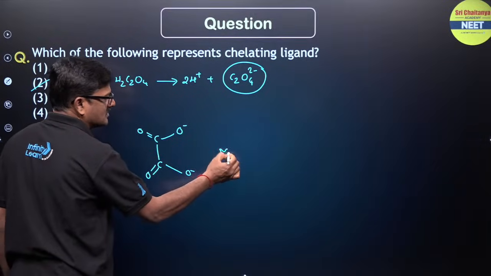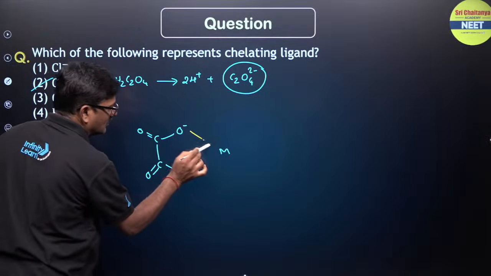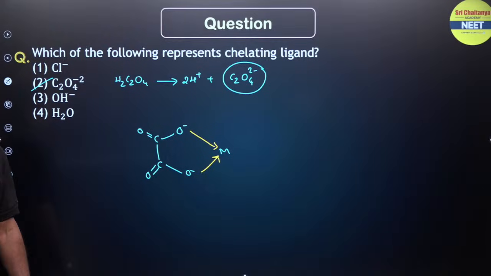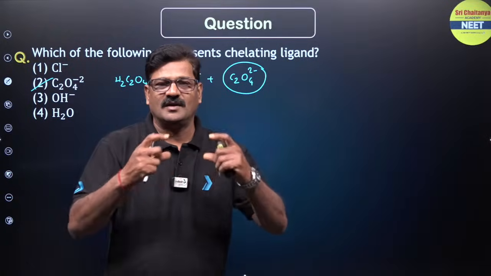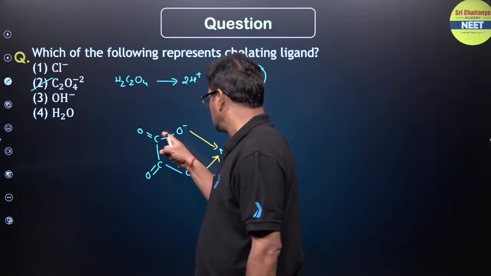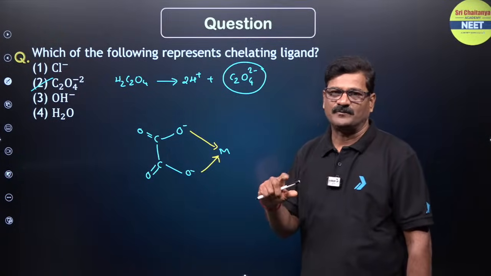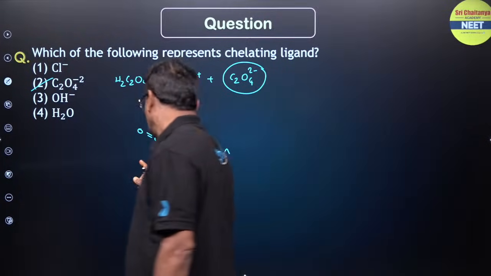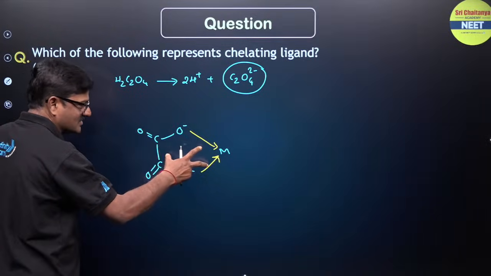If you take this as a metal, it is going to form, yes it is. So if a polydentate ligand forms a ring-like structure, the ring size you can see 1, 2, 3, 4, 5. It may form a 5-membered ring or 6-membered ring, and this formation of a ring is called chelation, and due to chelation it is extra stabilized.